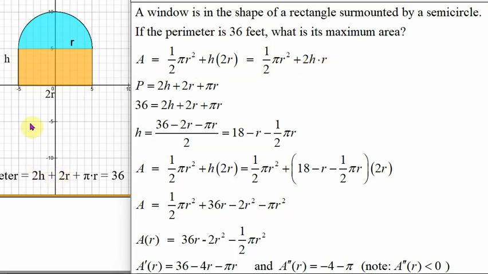The perimeter is h plus 2r plus h, plus pi r, since the circumference of a semicircle is just pi r. In this case, we're given that the perimeter is 36. Solving for h, we get h equals 18 minus r minus 1/2 pi r.